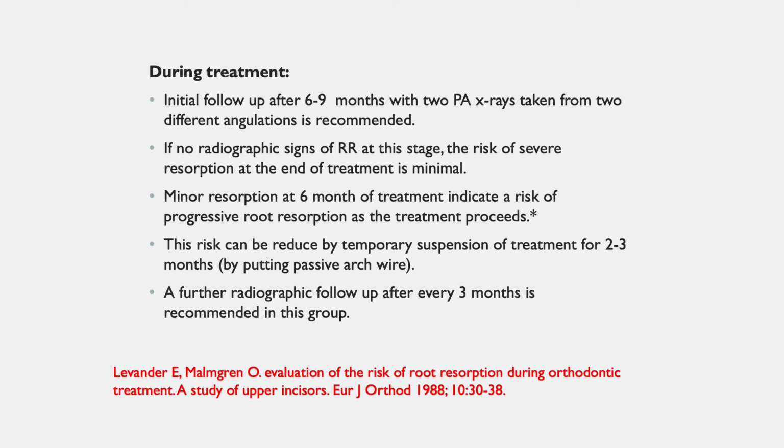If minor resorption is observed at the 6th month of treatment, we need to take it as a risk of progressive root resorption at the end of the treatment. So such patients need to be monitored during the treatment.